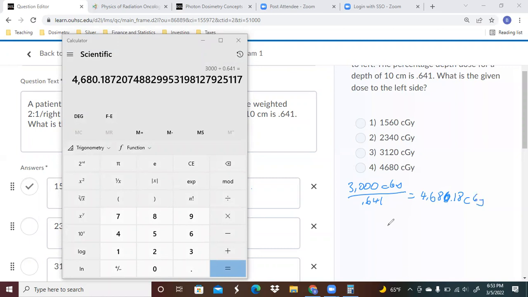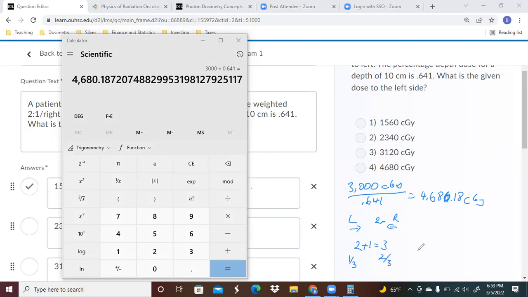Now, since the weighting here is 2 to 1 right to left, that means coming in from the right side of the patient, it's twice what you would get coming in from the left side. So in other words, the weighting 2 to 1, you add up all of the weightings and you come up with 3. That means the left side is going to have 1/3 of the weighting.